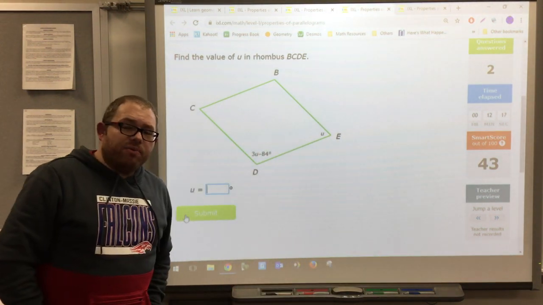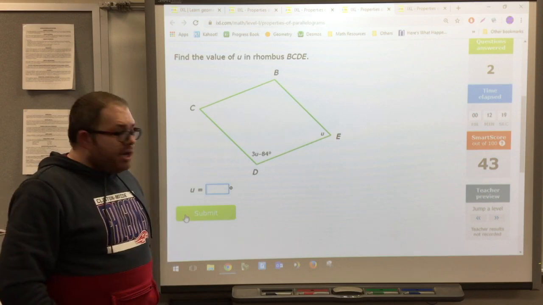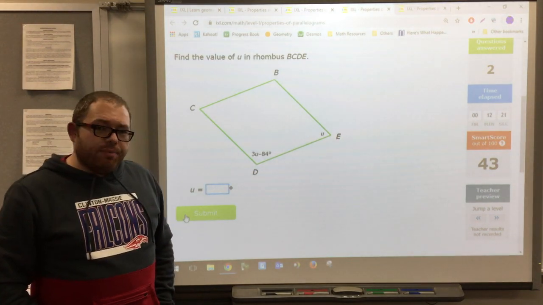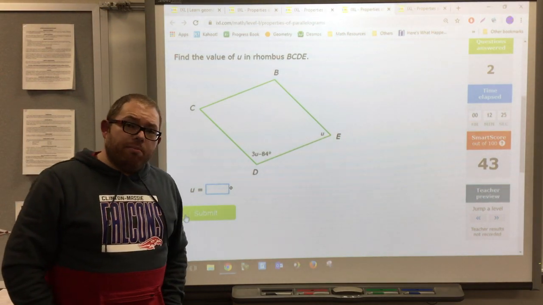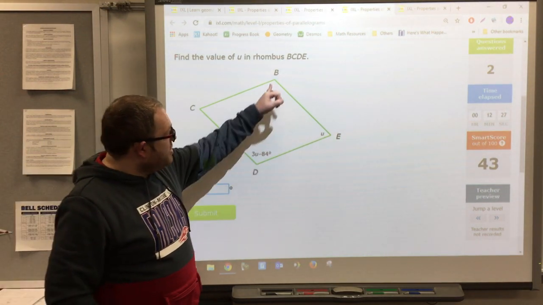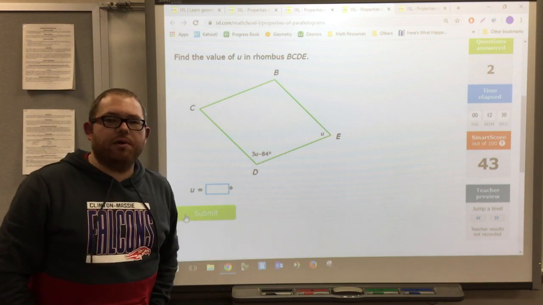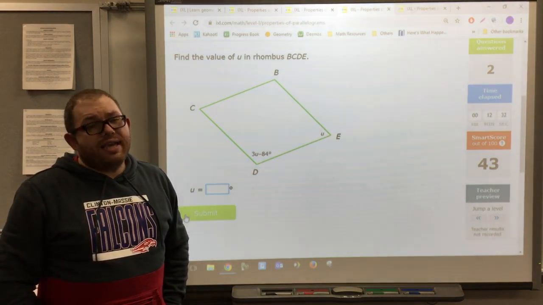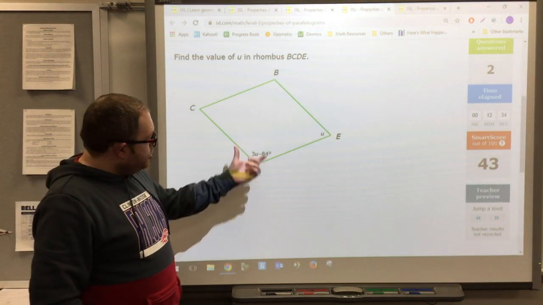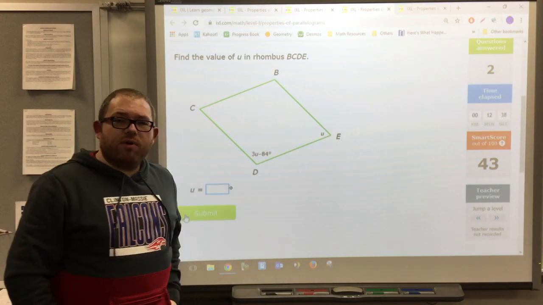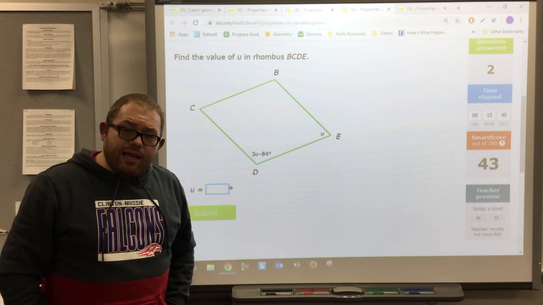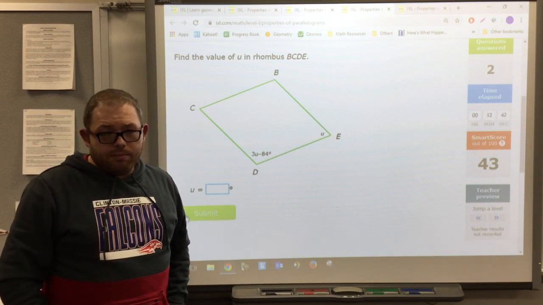The final example for this video is going to be about not sides or segments, but instead about angles. We are supposed to remember that if angles are across from each other in a parallelogram, they too are equal. So if they give you an expression for one angle and another angle that's across from it, solve them just like we did the last two problems.